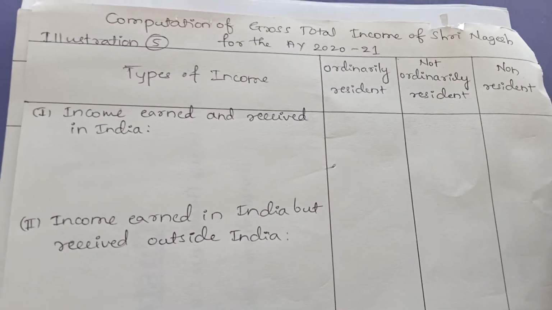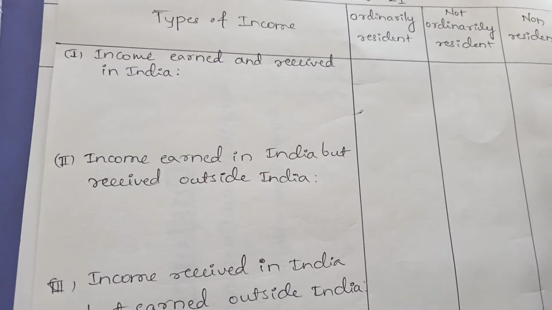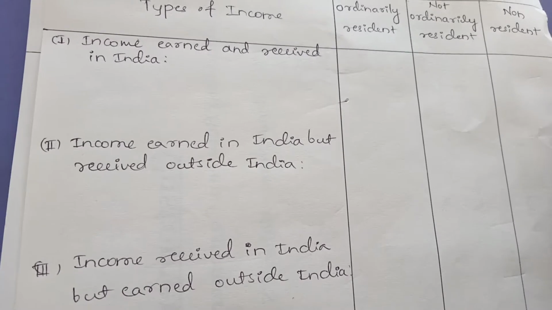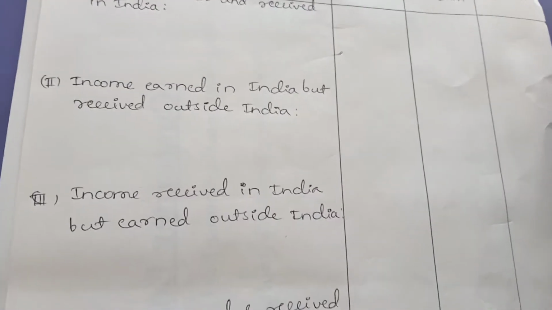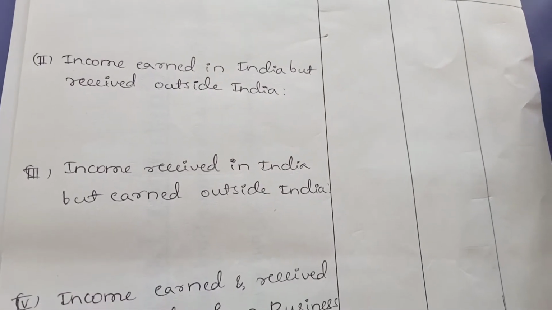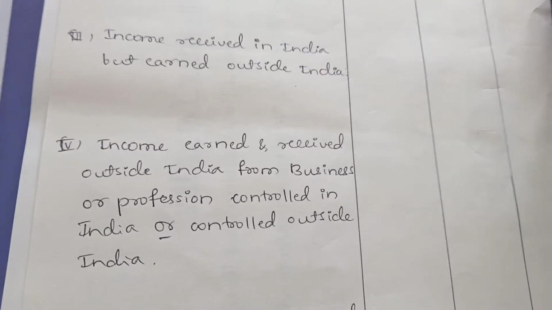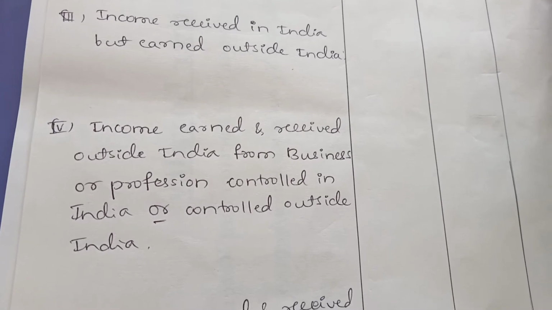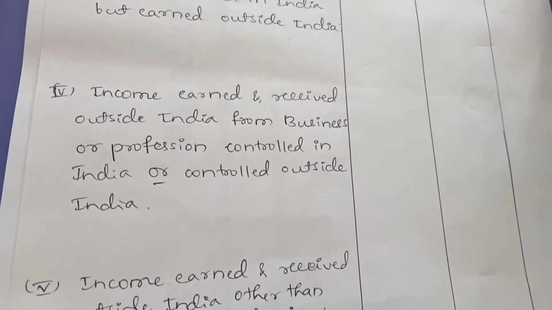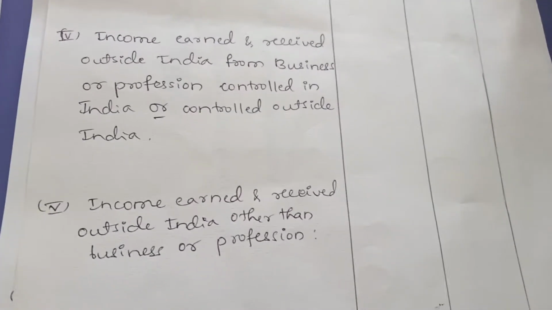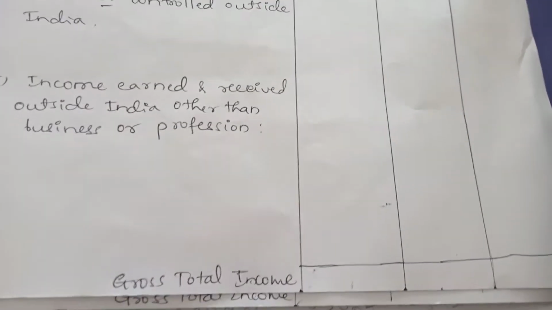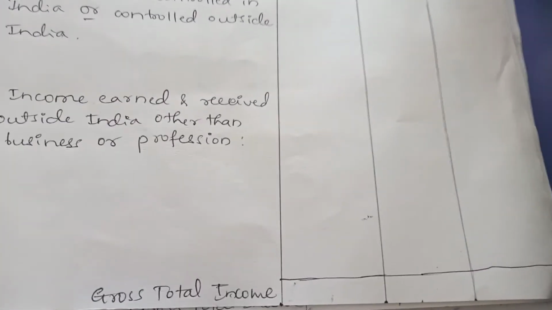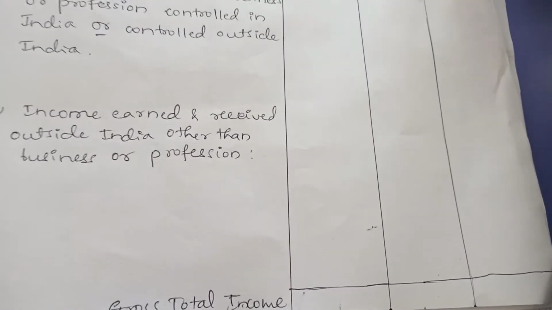The types of income are: income earned and received in India, income earned in India but received outside India, income received in India but earned outside India, income earned and received outside India from business or profession controlled in India or controlled outside India, income earned and received outside India other than business or the profession, and at the end the gross total income. So this is the format. Let us go through the first item.